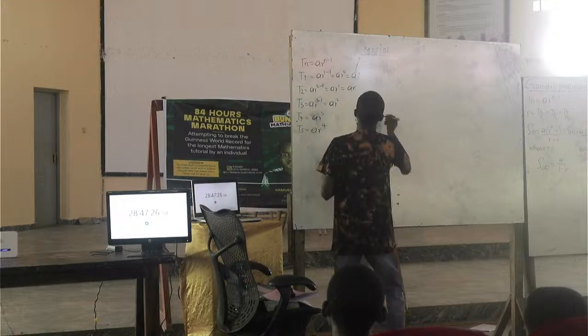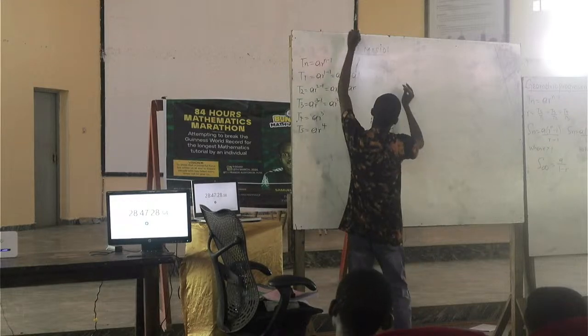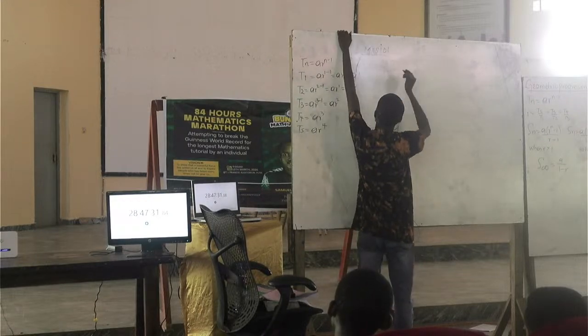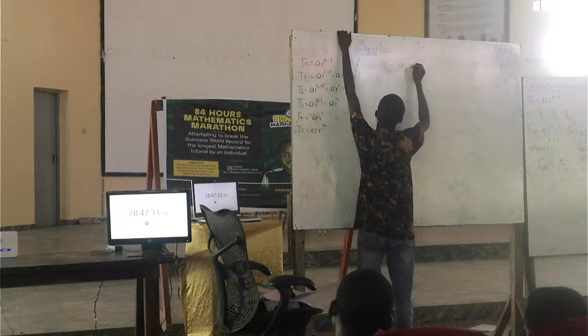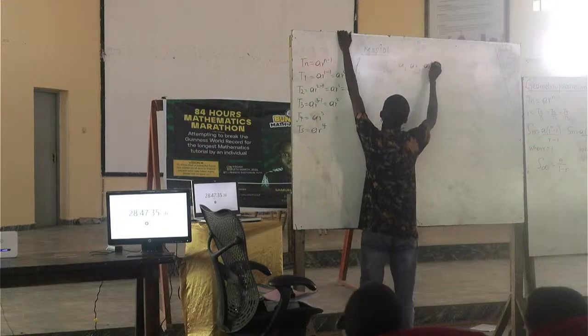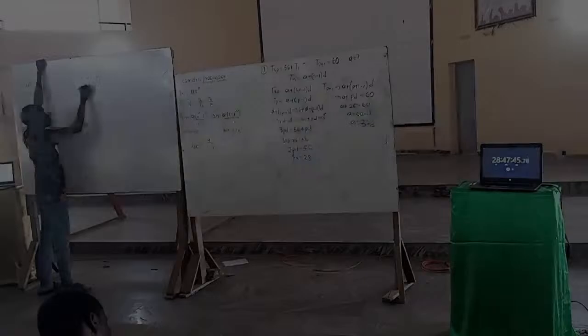Now, if I want to adjust my geometric progression to the back, that means instead of me having ar and ar squared, if I adjust these two to the back, then I can have a by r, yes or no? Then I have what? a and I have ar.